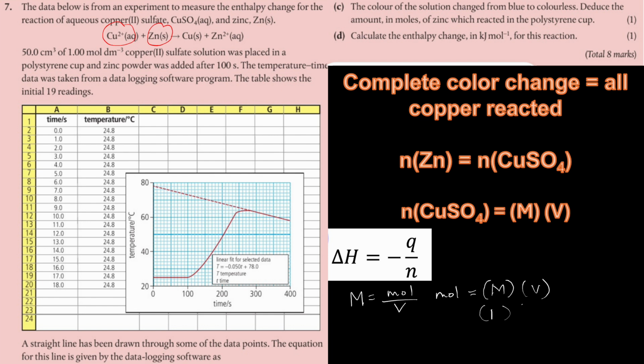And our volume is 50 cm³ or 0.05 dm³. So that's going to give us a final answer of 0.0500 moles of zinc reacted.